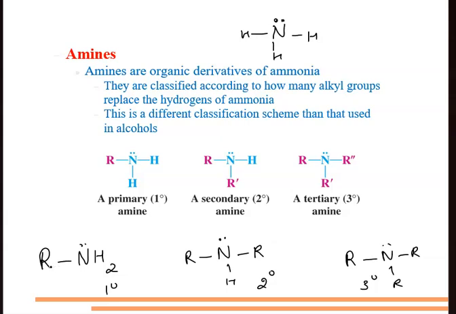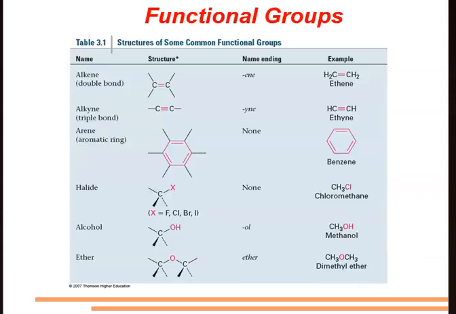It can be an alkyl or an aryl, but it has to be a carbon chain. That's important. You can replace one hydrogen atom at a time with an R group and classify them as primary, secondary, or tertiary. So NH2, NHR, or NR3. These are the different amines.